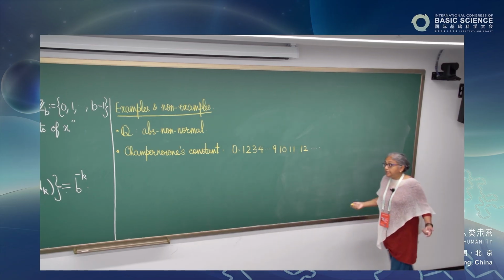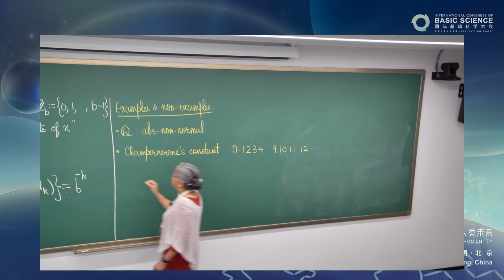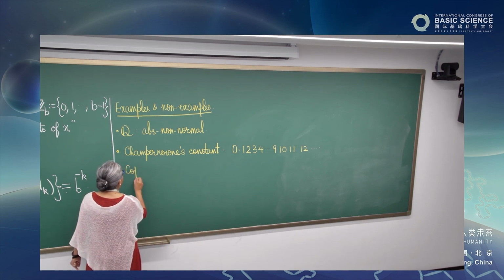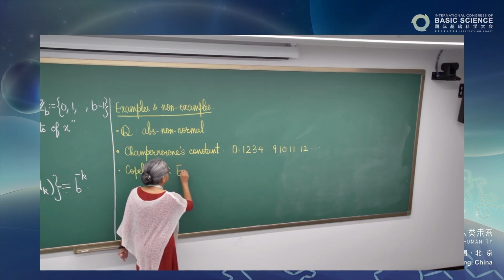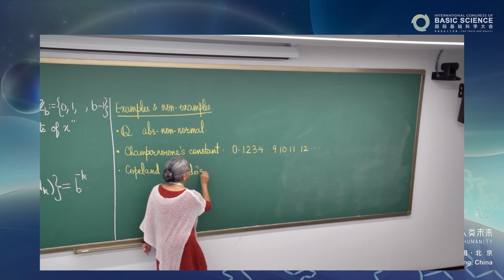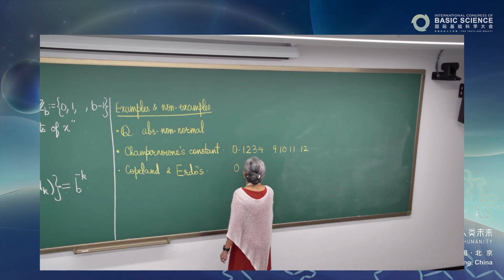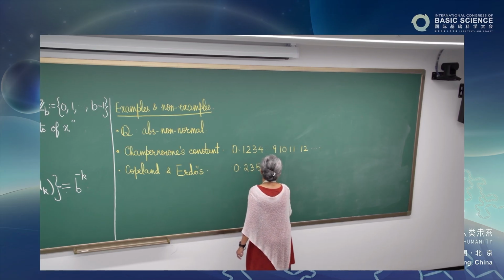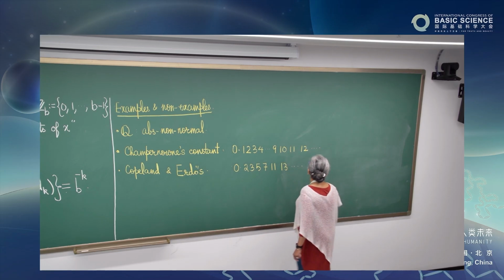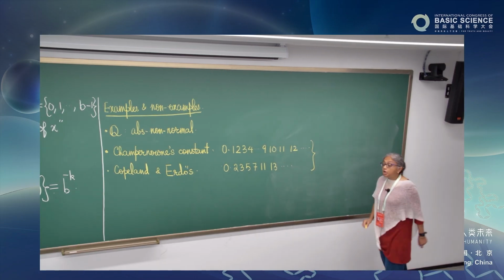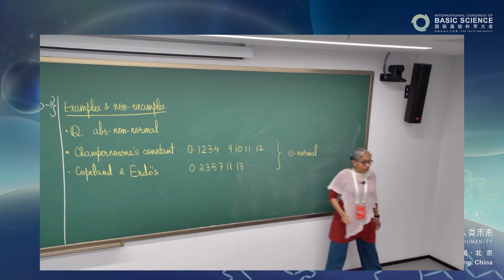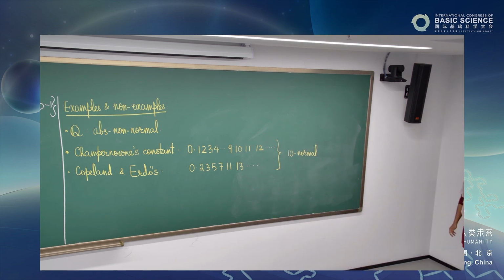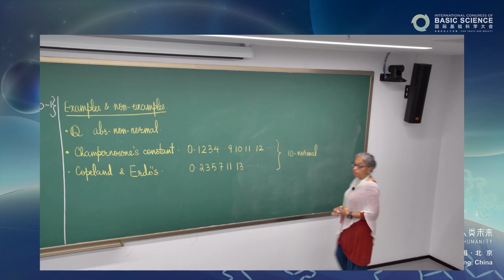This is a number created by Champernowne. Similarly, there is a variant of this due to Copeland and Erdős, the concatenation of all the primes: 2, 3, 5, 7, 11, 13, and so on. They managed to show that these numbers are normal in base 10. It is not known whether there is any other base in which these numbers are normal or not.